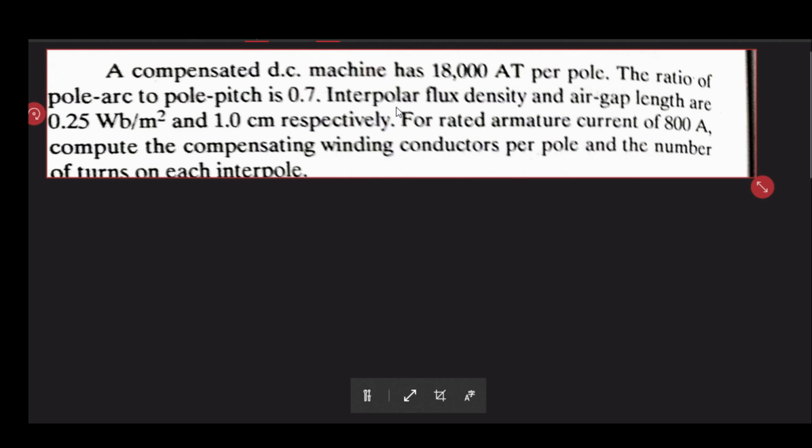The ratio of pole arc to pole pitch is 0.7, interpolar flux density and air gap length are 0.25 Weber per meter square and 1.0 centimeter respectively. For rated armature current of 800 ampere, compute the compensating winding conductors per pole and number of turns on each interpole. So compensating winding will be how much?